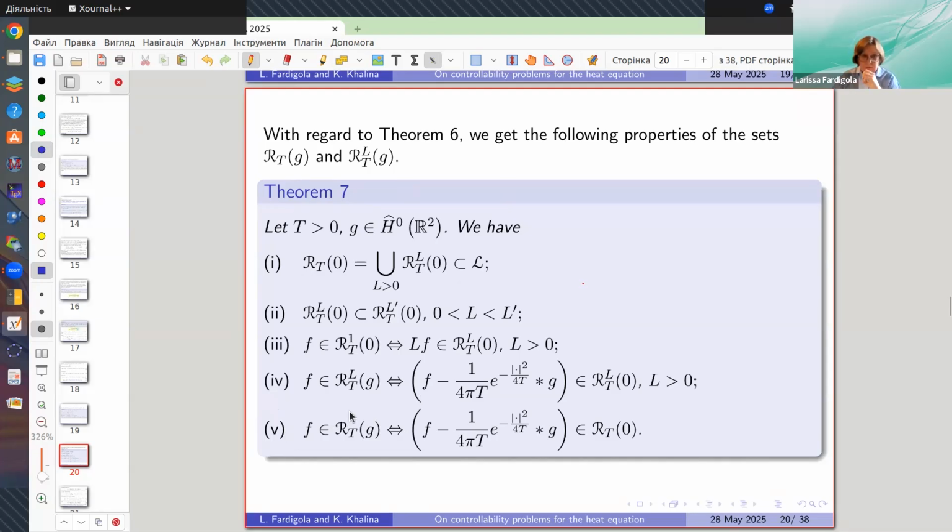So we can reduce the condition of belonging to the reachability set at point G to belonging to the reachability set at point 0, according to this formula. So now we can concentrate on the reachability sets at the point 0.